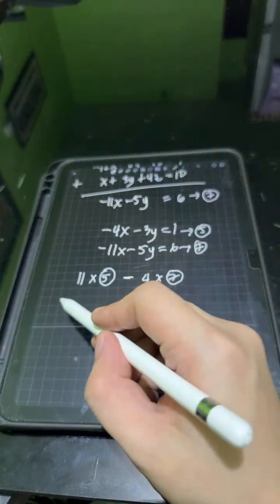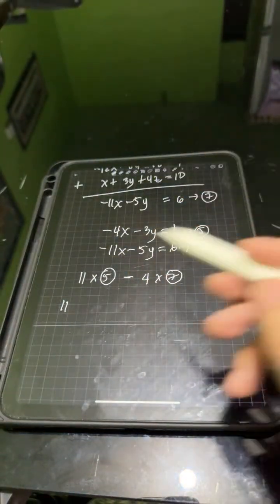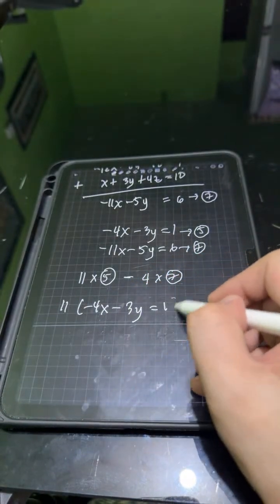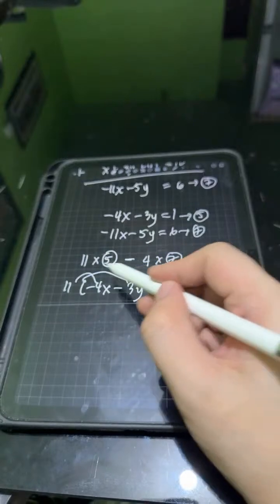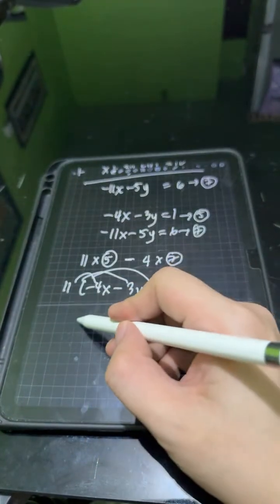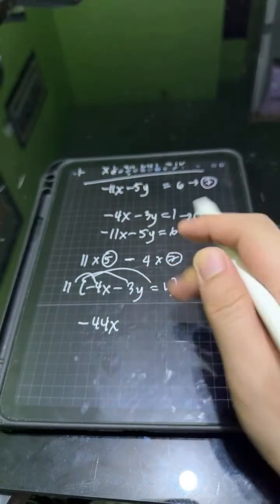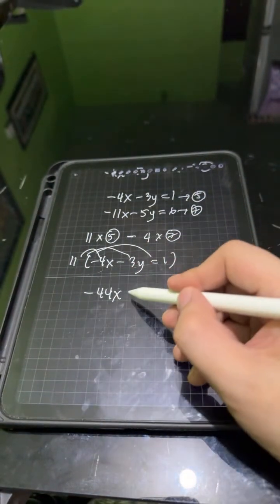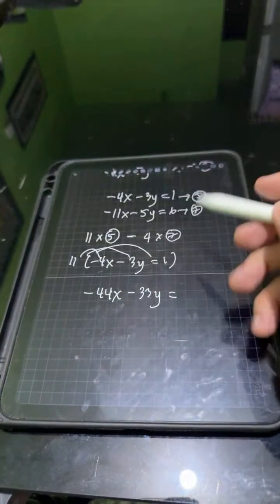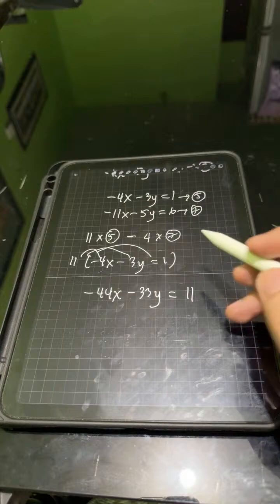So, multiplying equation 5 by 11 first, negative 4x minus 3y equals 1. Distribute this 11. So 11 times negative 4x, that's negative 44x. 11 times negative 3y, that's negative 33y. Then 11 times 1, that's 11.